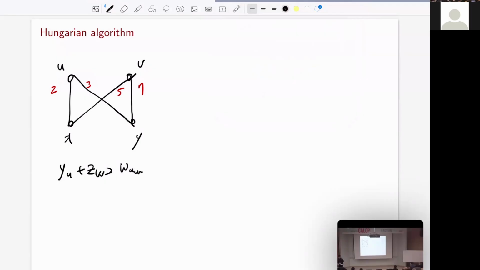The most natural way is that I'm going to set zw to 0, and I'm going to assign yu to be the max of w_uw. Here w subscript is a vertex, but now w is the weight for all edges.